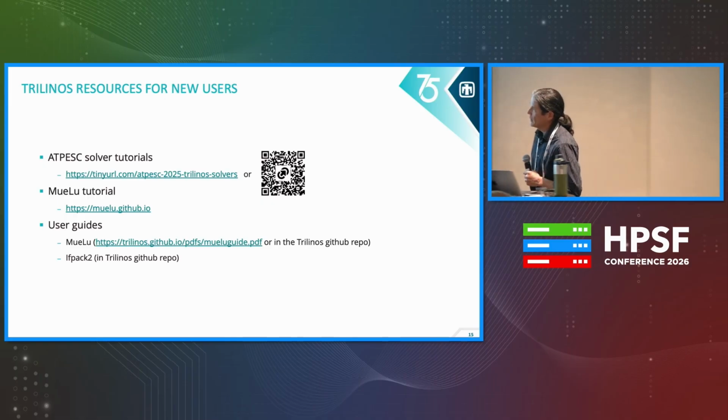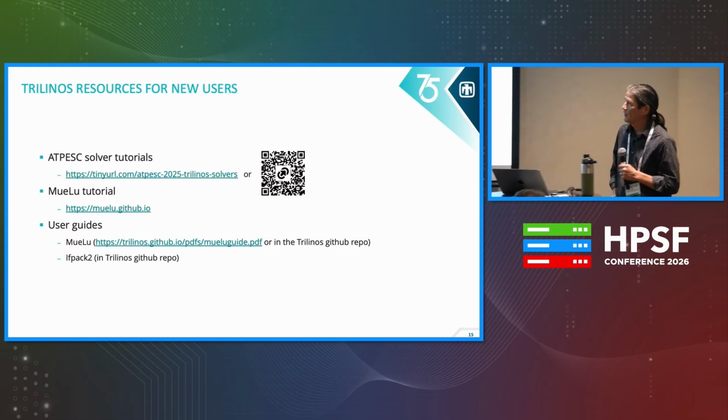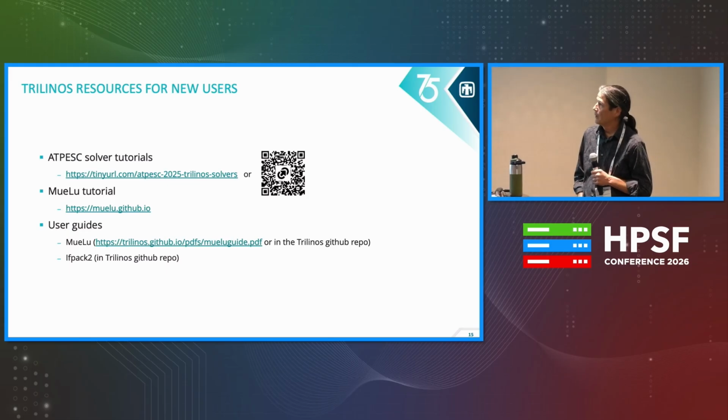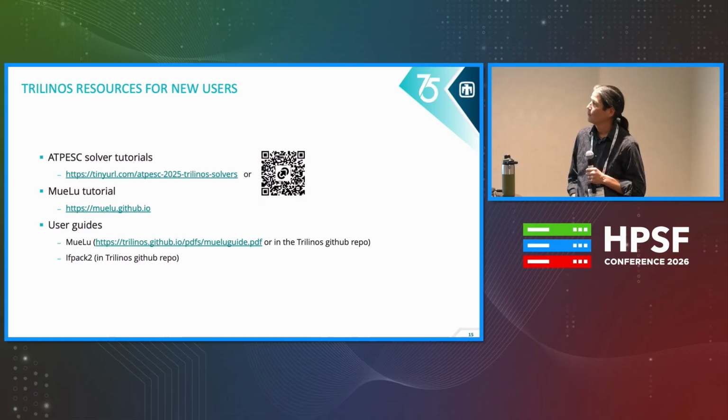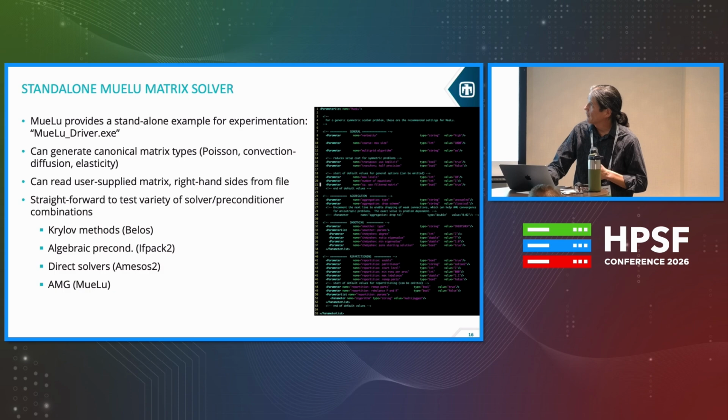We also have a tutorial specifically for MueLu. It's there on github.io, and we are planning to distribute it as a container, but that is not quite ready yet. And then there are also a few user guides that you can look at.